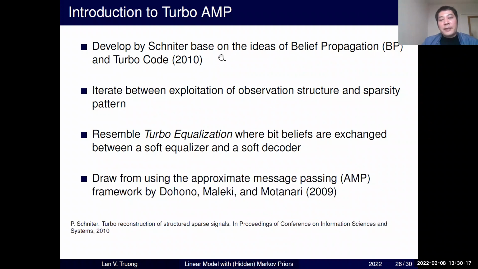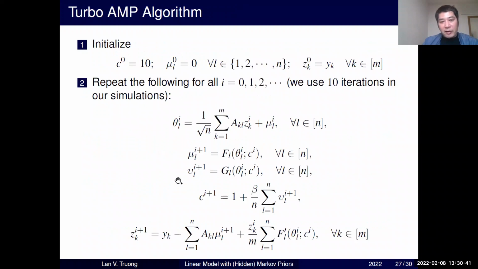After we obtain a message passing algorithm, we draw an approximate version of it using the approximate message passing framework by Donoho, Maleki, and Montanari in 2009. That is the essential idea of Turbo AMP by Schniter. So here is the algorithm.